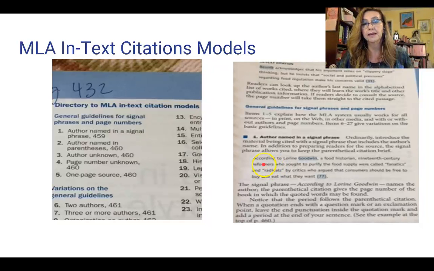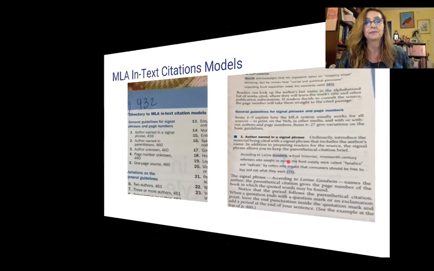So here the example you have, according to Lorraine Goodwin, a food historian, 19th century reformers who sought to purify the food supply were called fanatics and radicals by critics who argued that consumers should be free to buy and eat what they want, page 77. So the words fanatics and radicals come from Lorraine Goodwin. They need to be cited. And if you choose to put the author's name in your text, then this is how you would cite it.